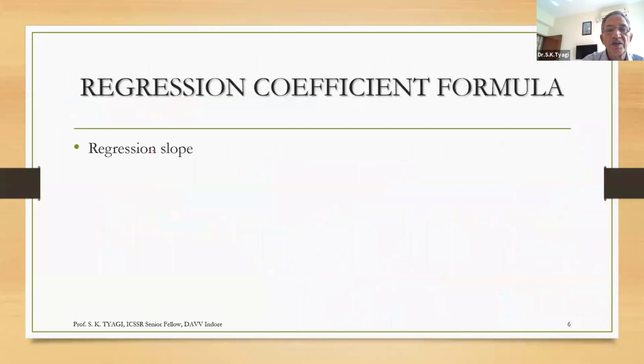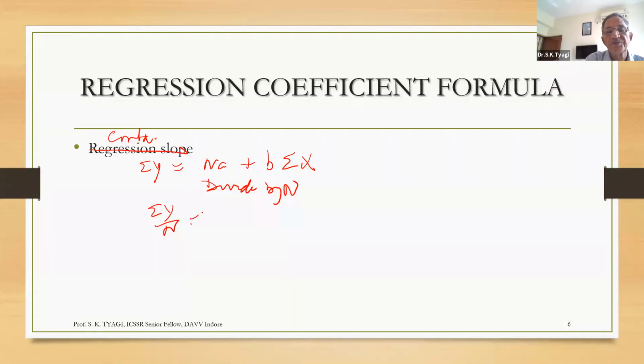Now, leave it, we are continuing. So we have sigma y is equal to na plus b sigma x, divided by n. If you divide by n, we have sigma y upon n is equal to na upon n plus b sigma x upon n.